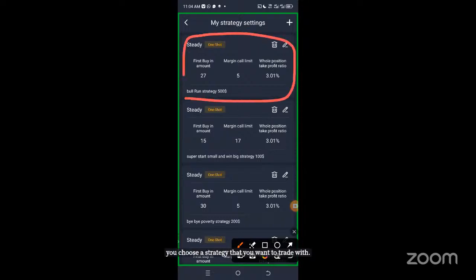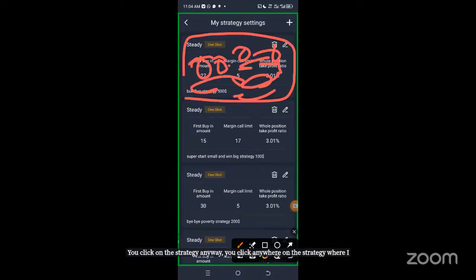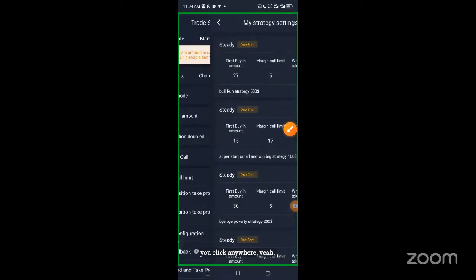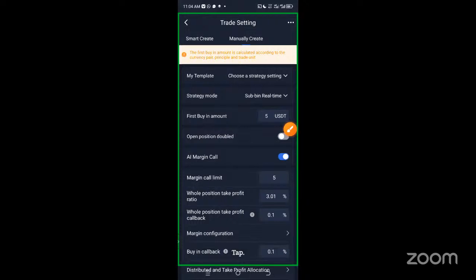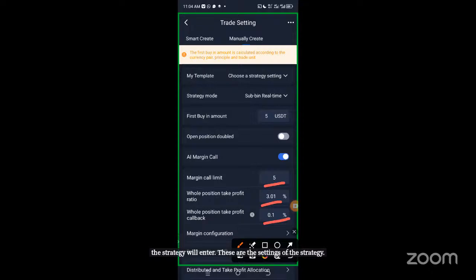You click anywhere on the strategy where I've put these circles. Tap. The strategy will enter. These are the settings of the strategy. Change the first buy-in amount to 27.